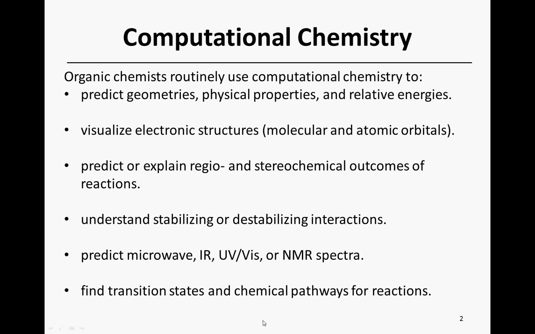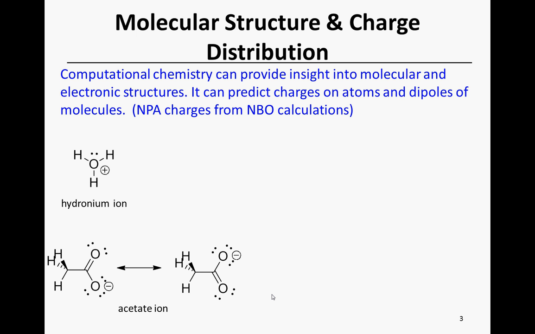Really, we have no good way to spectroscopically probe those transition states, but we can try to make sense out of them using some computational chemistry. And you're going to look at that later in today's experiment when you're looking at the SN2 reaction, which is the final computational exercise.